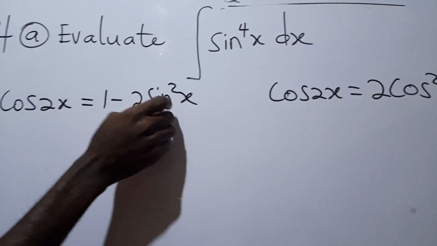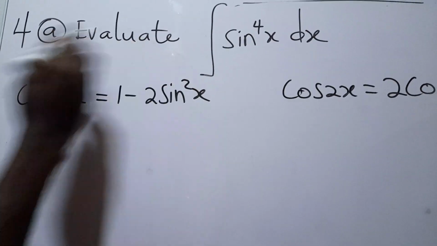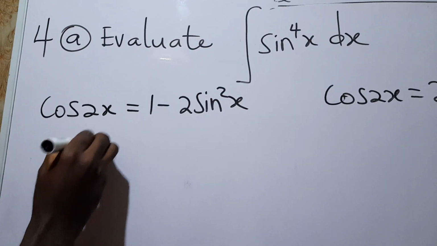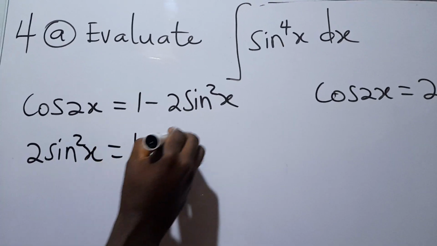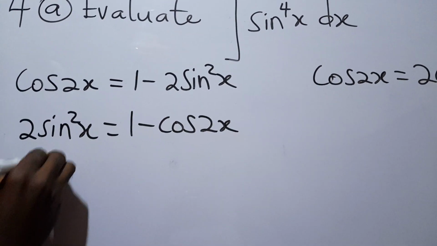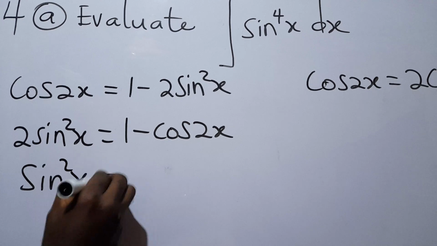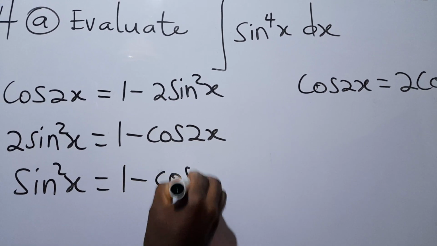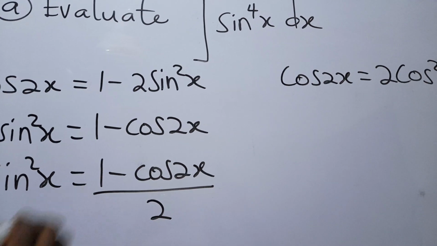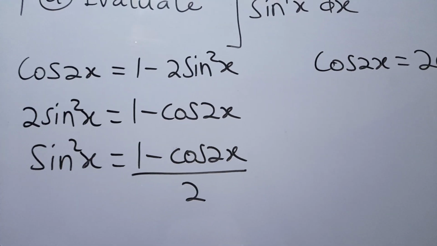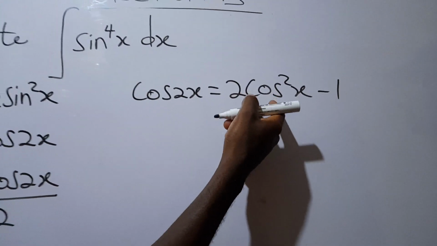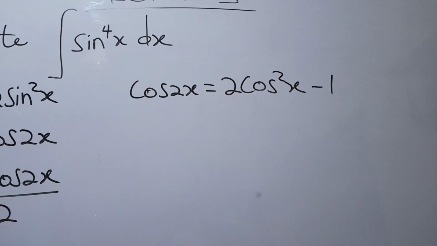So we make sine square the subject. So we can say 2 sine square x will equal 1 minus cos 2x. Then our sine square x will equal 1 minus cos 2x all over 2. I divide both sides by 2. Also, we can make cos square the subject.